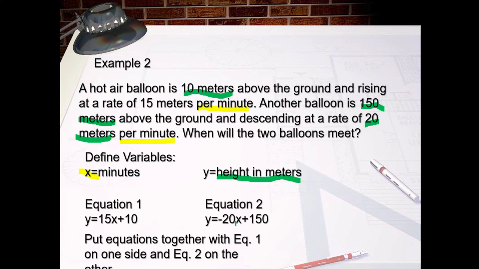That's why I have minus here, because it's descending, and this is normal. This is ascending, going up. This is going down, and I put y because I want them to meet at the same point. That's why I define them as the same variable.